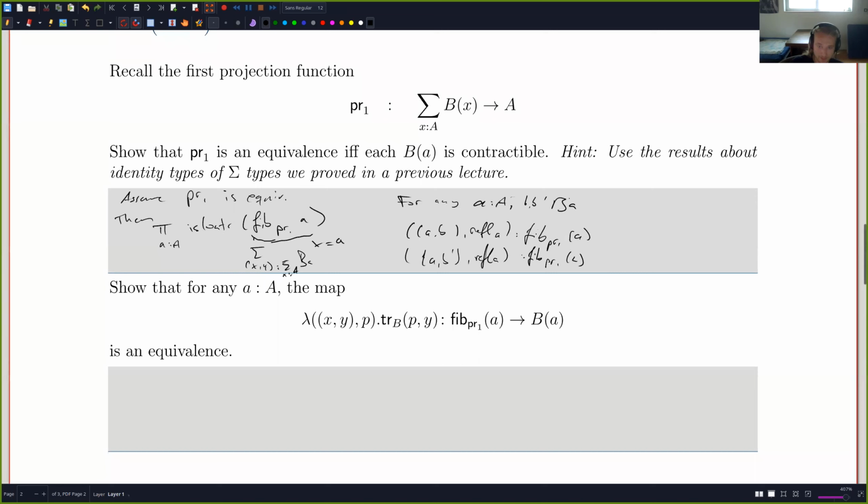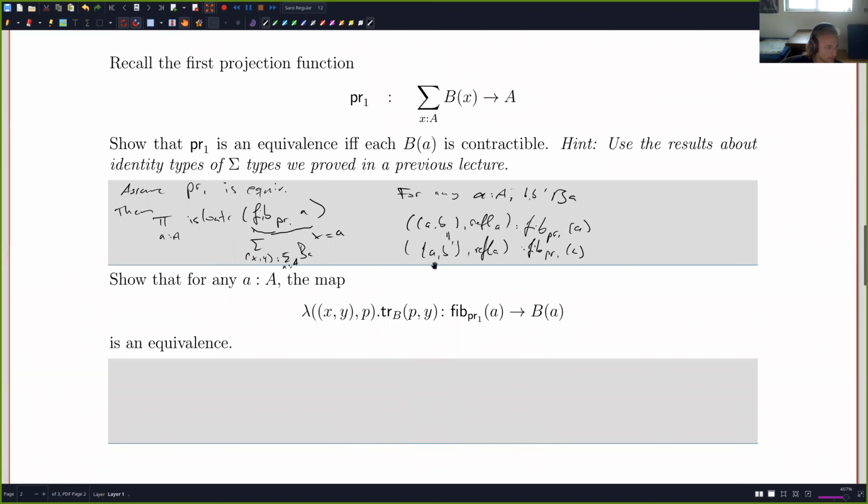Now by assumption, we know that this fiber is contractible. So we know that these two are equal. In the lecture, we also characterized the identity type of sigma types, and this here is a nested sigma type.